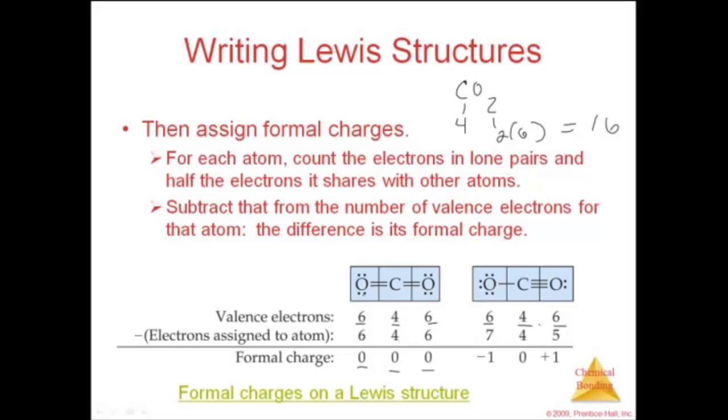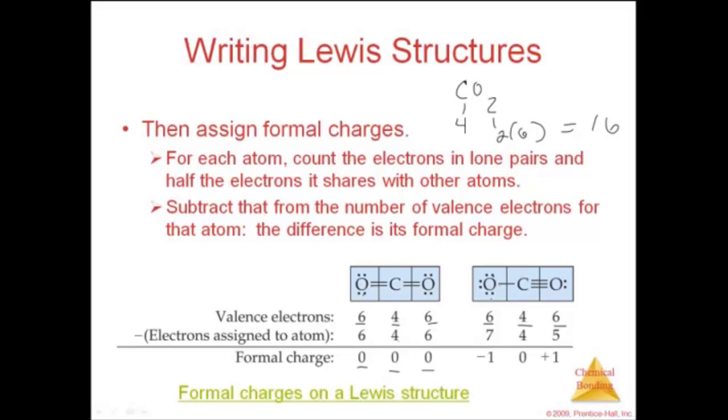Okay? As opposed to if I looked at this structure where I have 1 single bond and 1 triple, now this oxygen has 2, 4, 6, 7 electrons assigned, which gives it the difference between the 6 it normally has as an atom and the 7 assigned here. It gives me a -1.